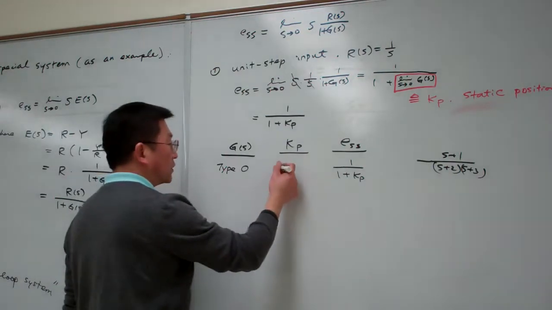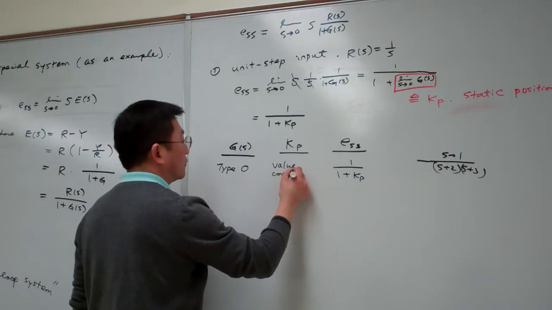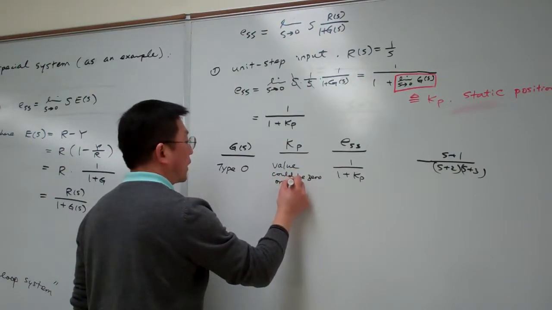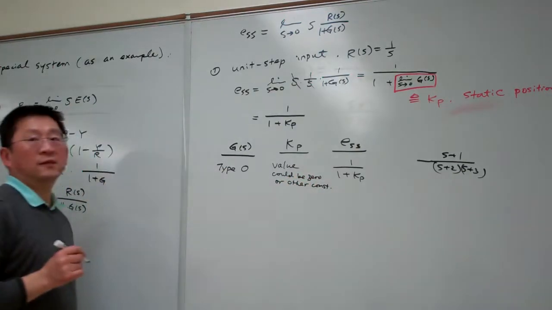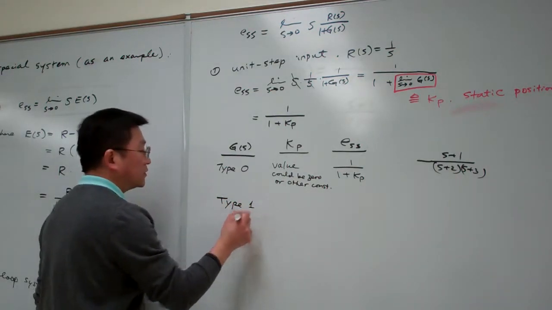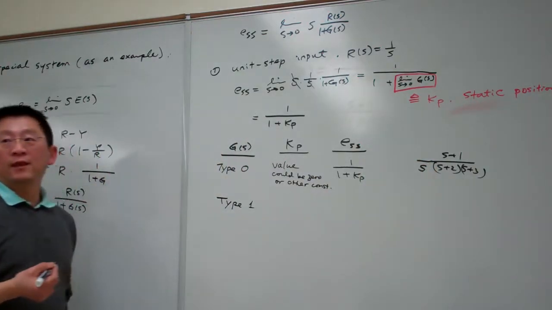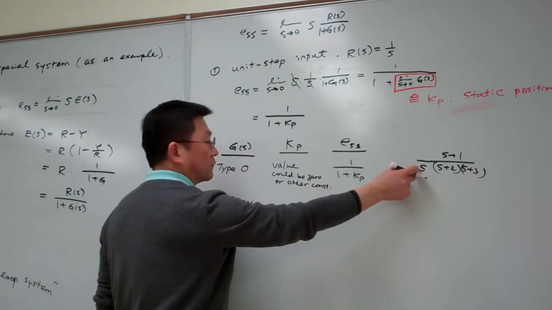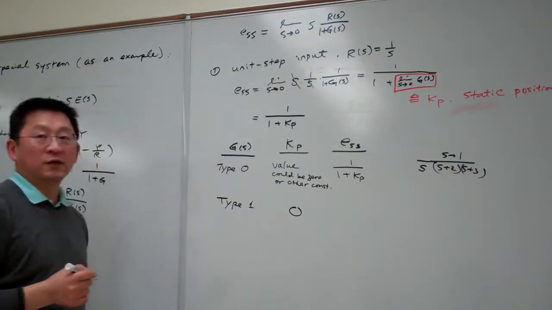The value of Kp could be 0 or another constant. And for a type 1 system, it is something like this. For that case, because there's an infinity in the denominator, Kp definitely will be 0.